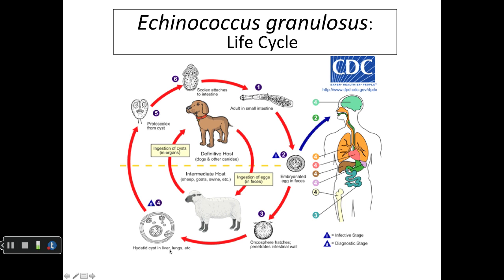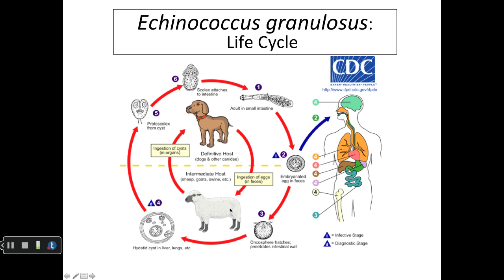And the oncosphere hatches in the intestine, penetrates the intestinal wall, gets caught up in the lymphatics and the circulatory system, and these embryos get distributed into liver, lungs, and elsewhere in the body. And over time, the hydatid cyst grows, enlarges, and can become quite enormous and filled with these protoscolices.